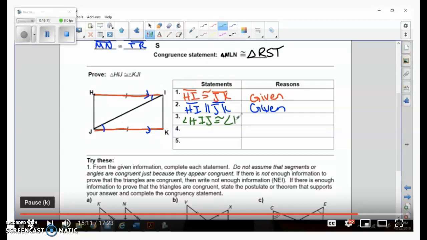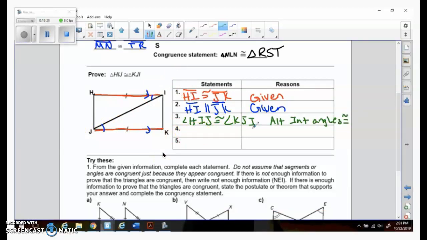So we're going to do HIJ, just tracing along the angle like this, and then IJK or KJI. Either way works because they are alternate interior angles, and alternate interior angles are always congruent, and that's what you'll write for that.